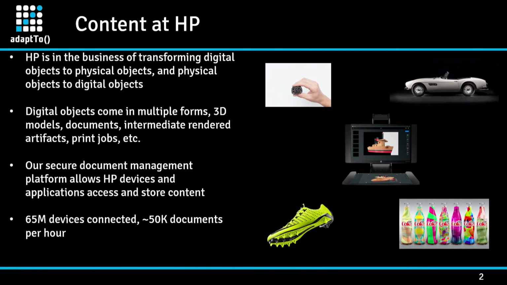It's a secure document management platform. It allows HP device applications and services to access and store their content. It supports 65 million connected devices and an average of 50,000 document operations per hour.